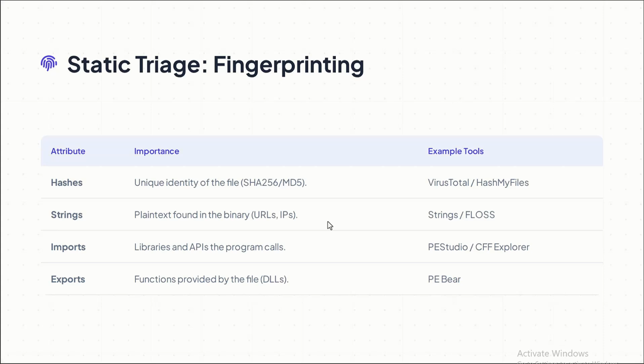And for imports, these are libraries and APIs that a program calls during runtime to complete its operation. There are many tools for this, like PE Bear, PE Studio, CFF Explorer.